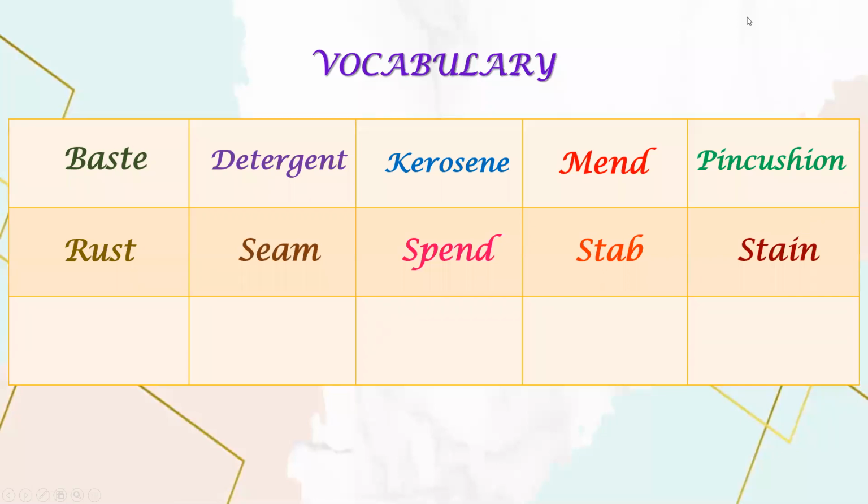Another word we have is stain, a colored patch or dirty mark that is difficult to remove, right? So that's stain.